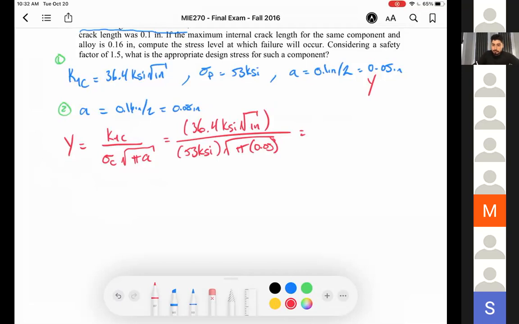As long as the material is the same, Y doesn't change. Y has nothing to do with the material. It's solely a parameter of geometry. 1.73, yes, 1.73 is correct.